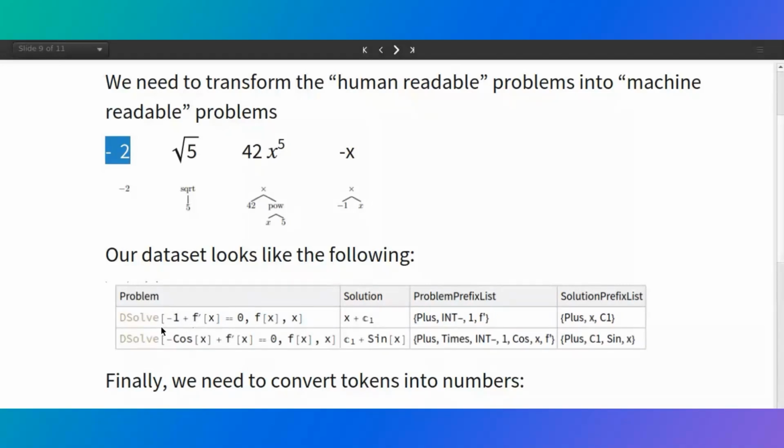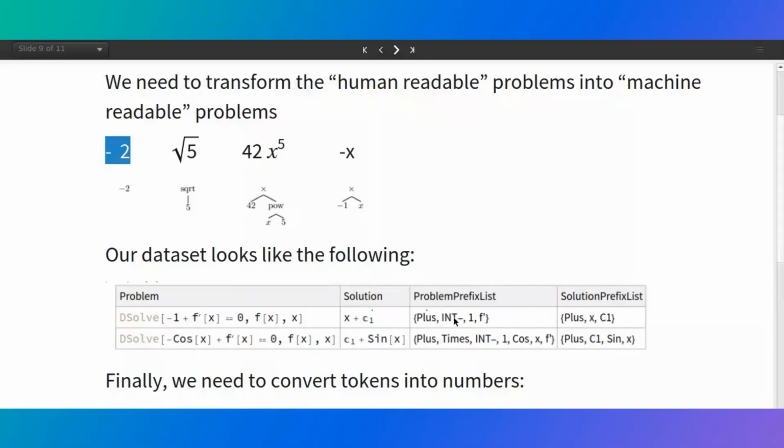As you can see here, -1 is represented here, and the f prime is represented here. And for the solution, we have the sum of x and c1, as you can see here.